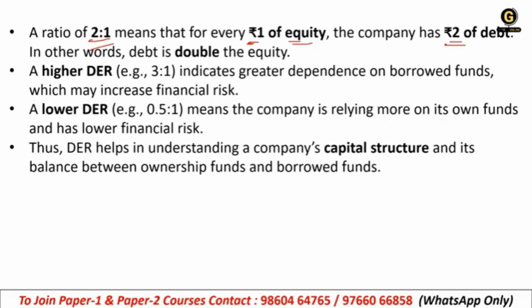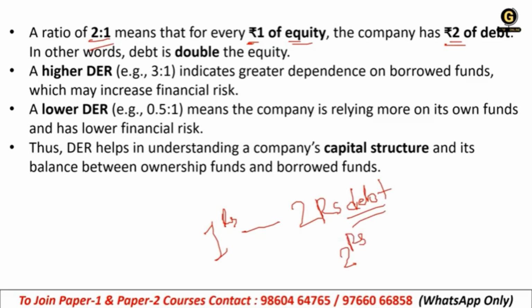If the ratio is 2:1, that means 2 rupees is debt and 1 rupee is equity. Getting it? If you have 1 rupee of equity, you have 2 rupees of debt. That means if you have 2 rupees of equity, you will have 4 rupees of debt.